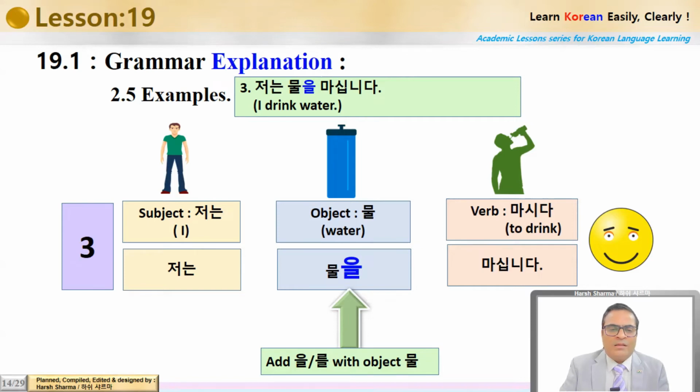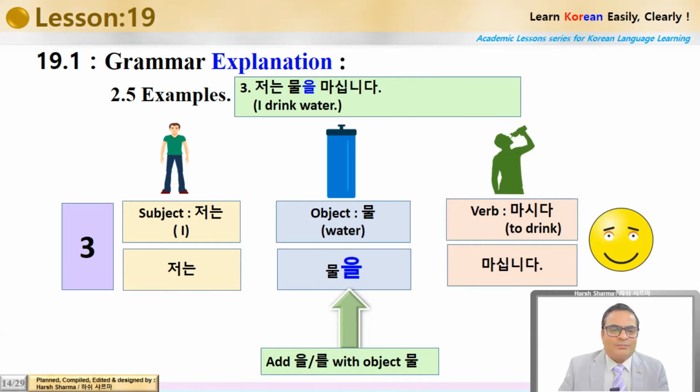Then add ul and make the sentence. Chonan mural mashimnida. When you see Chonan mural mashimnida, if I want to find out what is the object of this sentence, just check where is ul or rul. Immediately you can identify, yes, this is mul. 잘했어요, 여러분. Very good, like this.